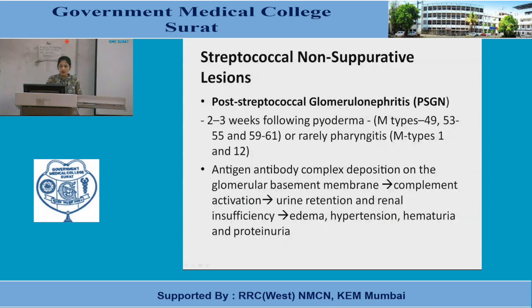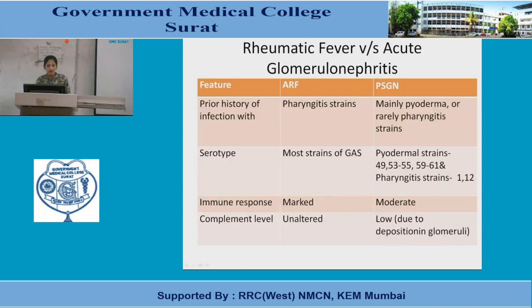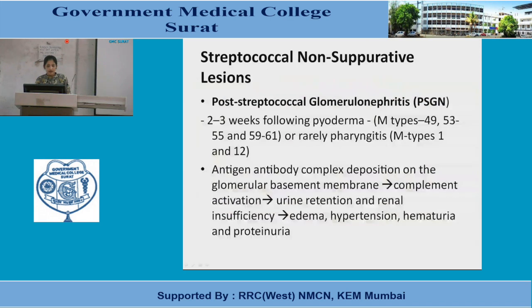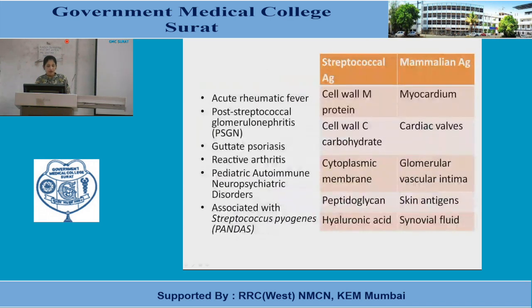So there is antigen-antibody complex deposition on the glomerular basement membrane. As we saw earlier, the glomerular basement membrane is very similar to the cytoplasmic membrane of the streptococcal antigen. The antibody produced against the cytoplasmic membrane of the streptococci may cross-react with the glomerular vascular intima.